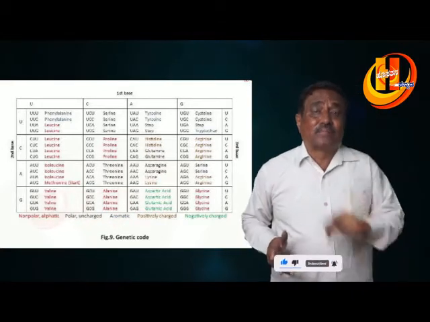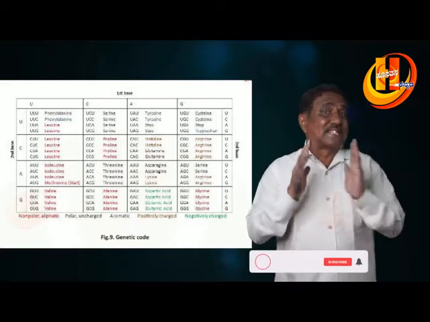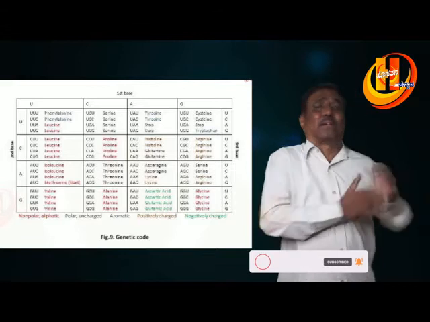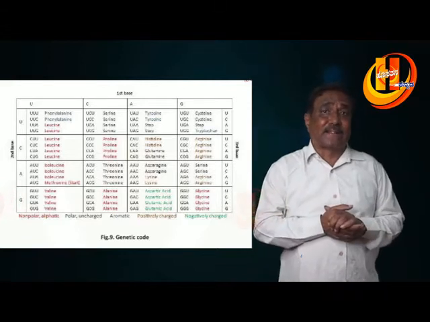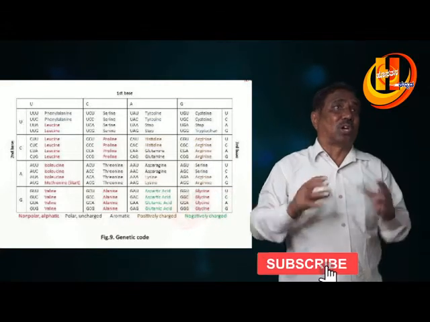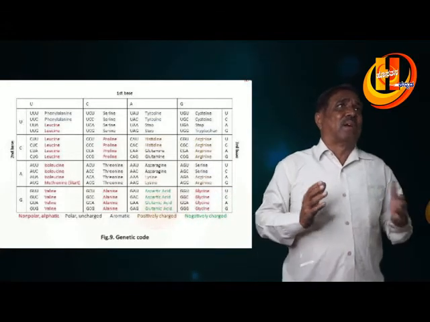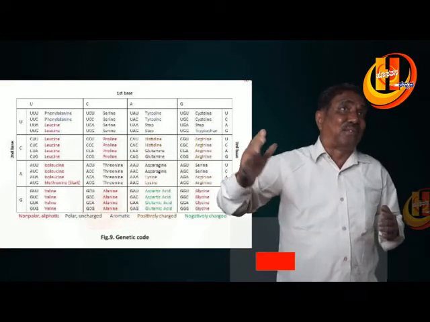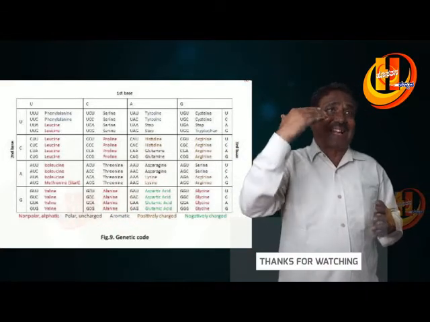A doublet can code for 4 into 4, 16 amino acids. But 20 amino acids take part in protein synthesis. Hence, this requires a triplet. A triplet can code for 64 amino acids.